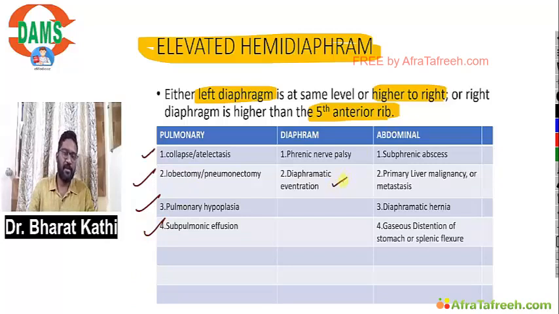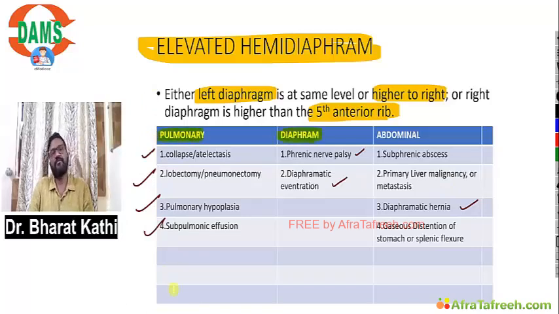And diaphragmatic eventration, phrenic nerve palsy. And abdominal causes such as subphrenic abscess, primary liver malignancy, any diaphragmatic hernia, gaseous distension of stomach or splenic fracture. But for your exam, particularly for elevated hemidiaphragm, what are the pulmonary causes, what are the diaphragmatic causes?